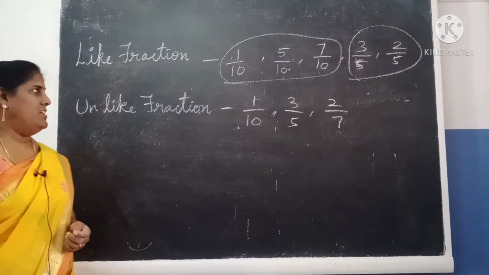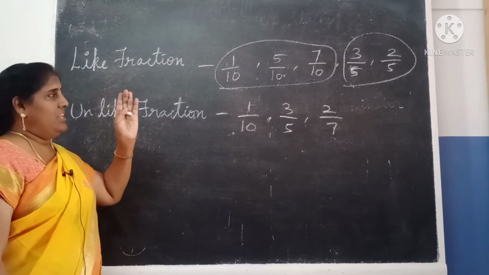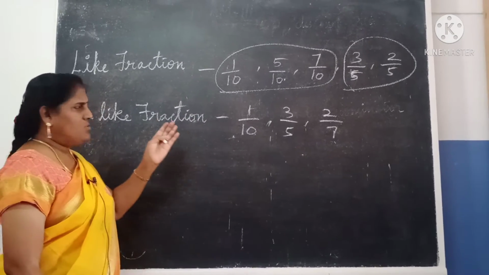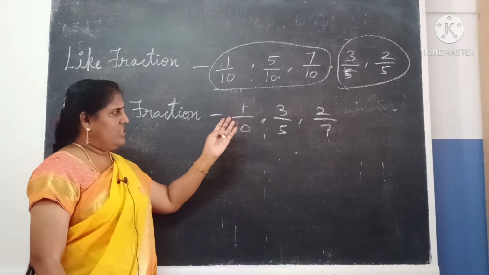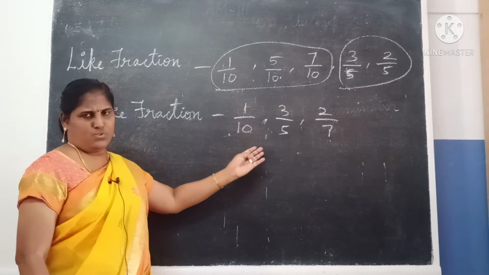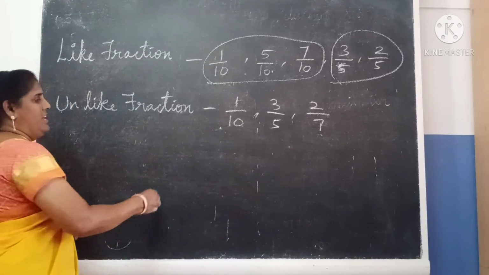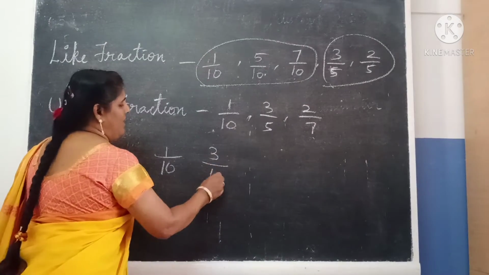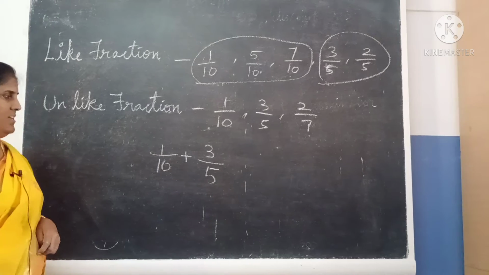Okay, children. Already we know that like fractions only we can add and subtract. But you may ask one question: miss, can't we add unlike fractions also? Yes, we can add, but we need to change them. For example, I am going to take 1 by 10 and 3 by 5.